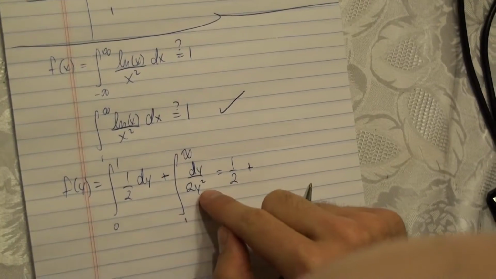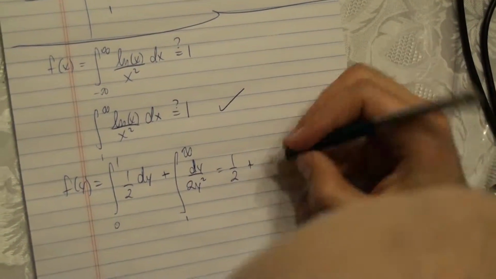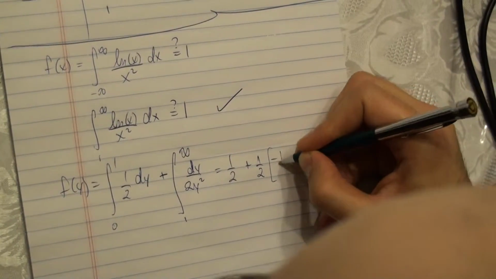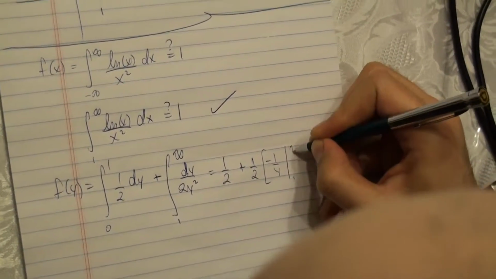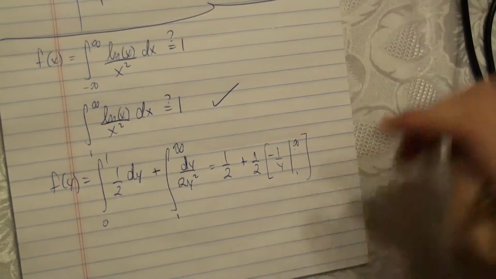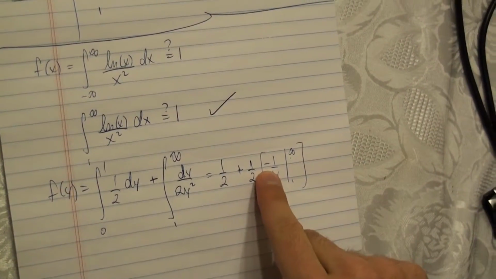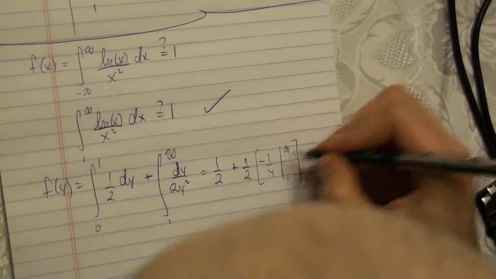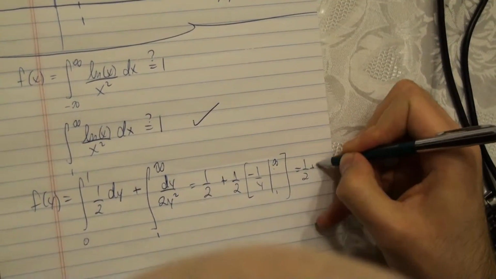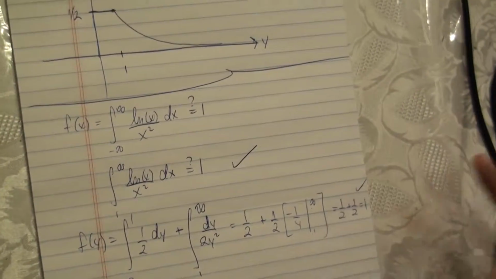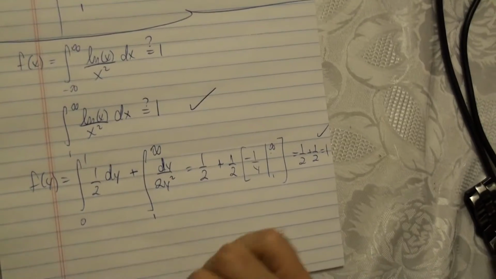This guy becomes 1/2 times negative 1 over y, evaluated between 1 and infinity. At infinity it goes to 0, minus, we get a plus 1. So this goes to 1. We're left with 1/2 plus 1/2, which equals 1. That shows that it's a valid density function, and that completes the problem.